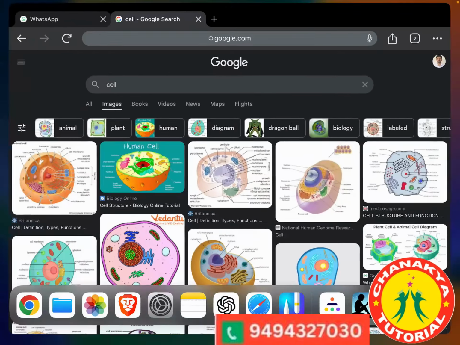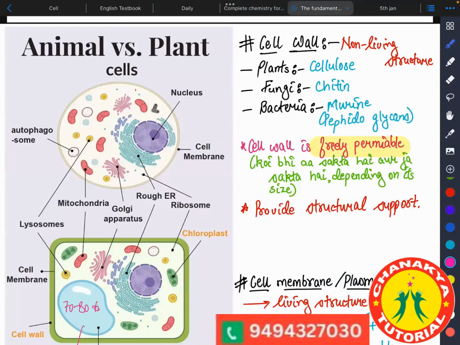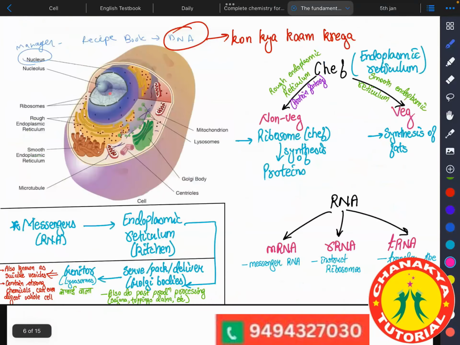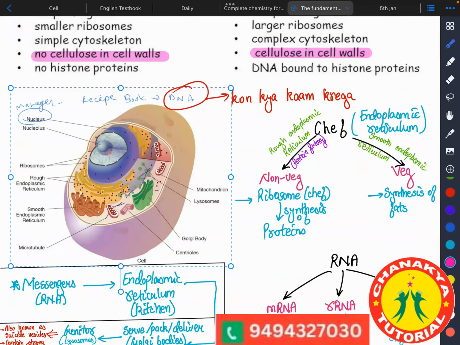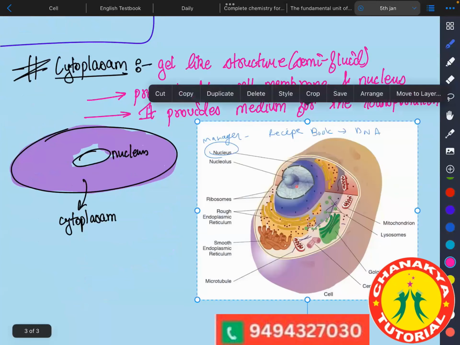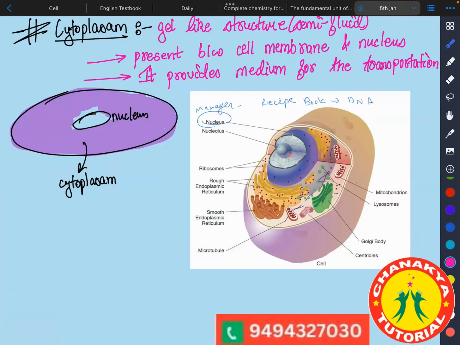I think I have this image here. The outer covering is the cell membrane, and there is a nucleus.